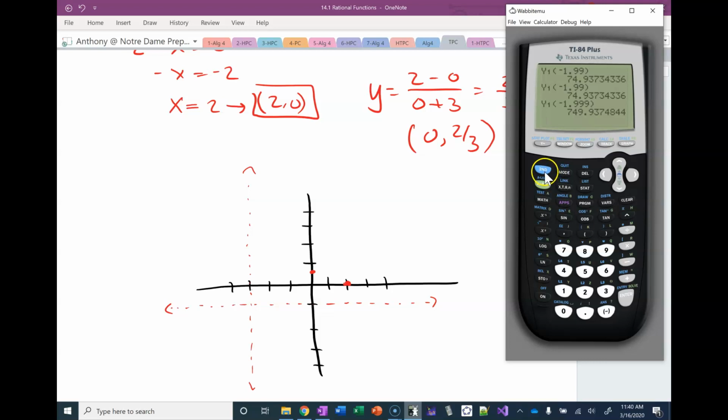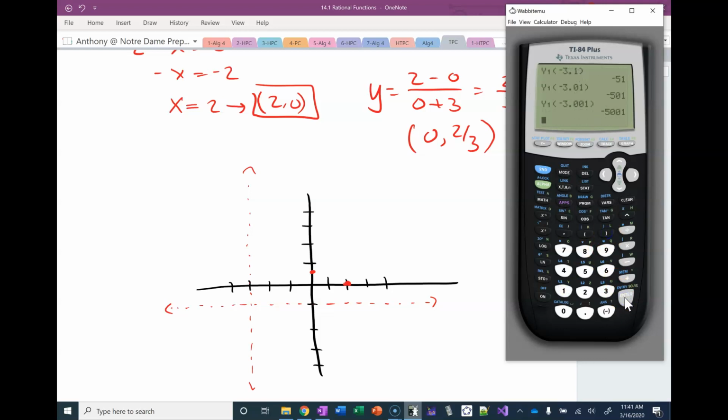And then we'll do y1 of... I want things just on the other side of negative 3. So maybe we'll start with negative 3.1. So that's very negative. And we'll try negative 3.01, even more negative. And then we'll try negative 3.001.